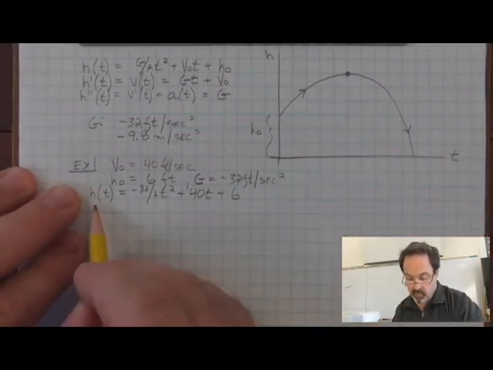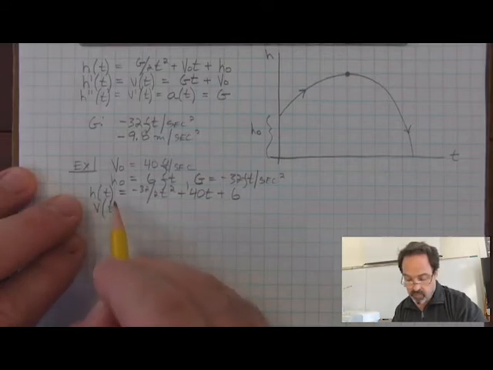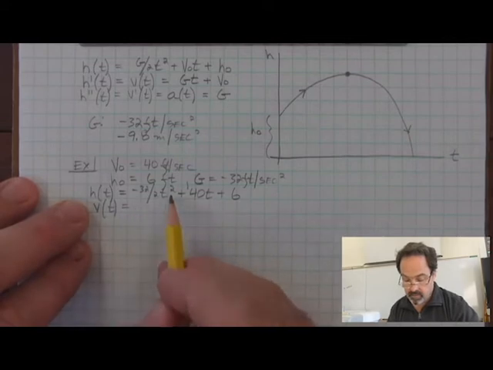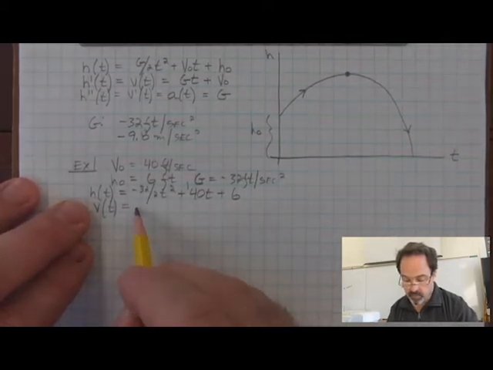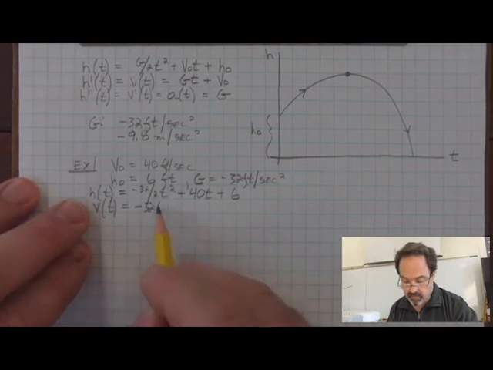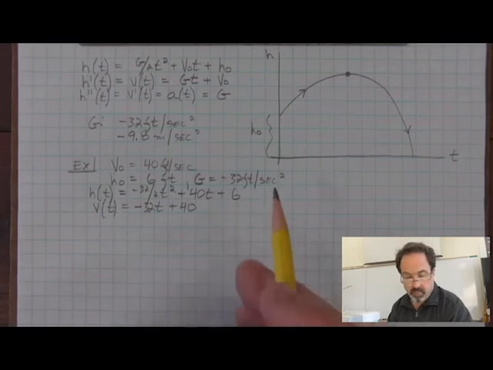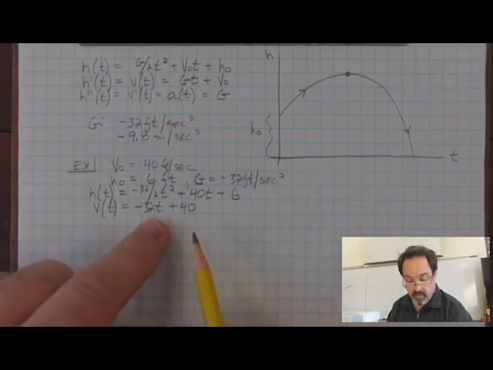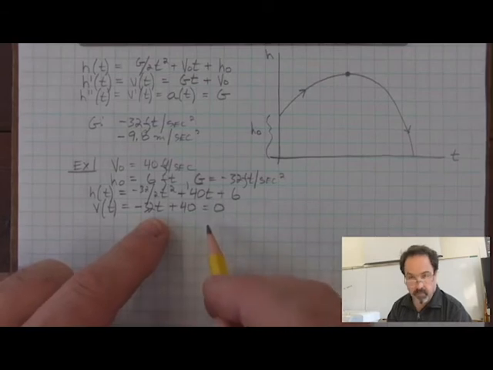So if I take the derivative of the height equation, it will be the velocity equation. In this case, I bring down the 2 in front and multiply by the denominator of 2 to cancel out, leaving the 32t plus 40, and the plus 6 goes away in the derivative. This velocity equation, I'm going to set equal to 0.